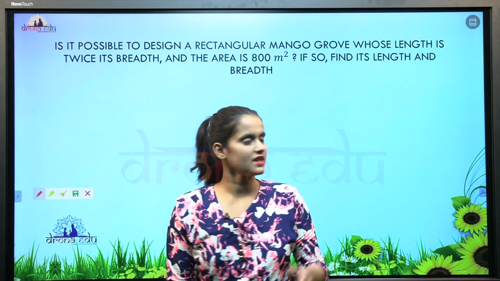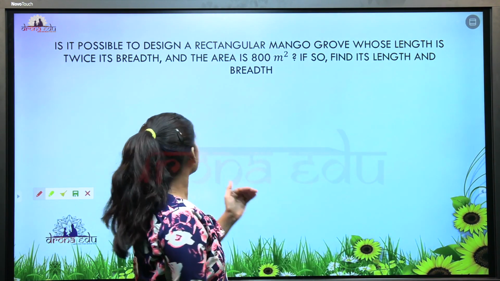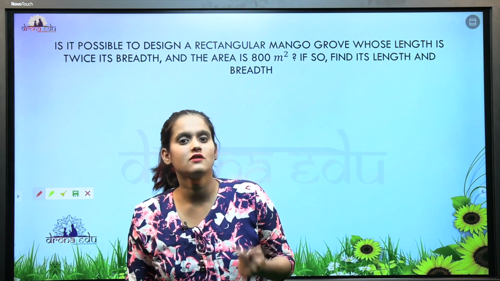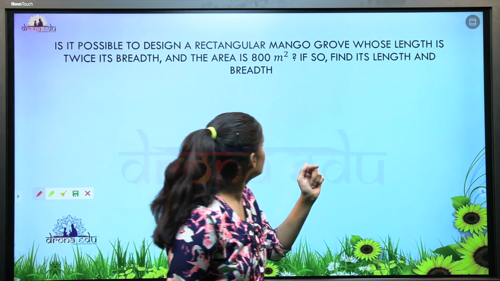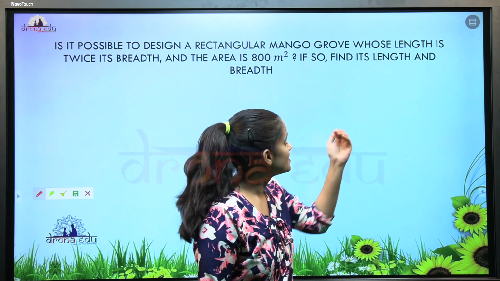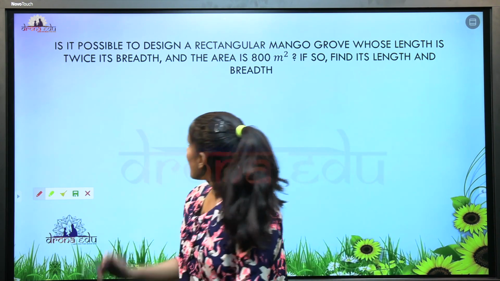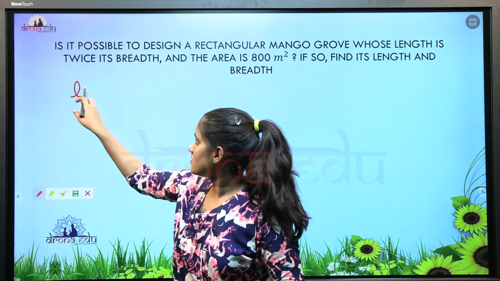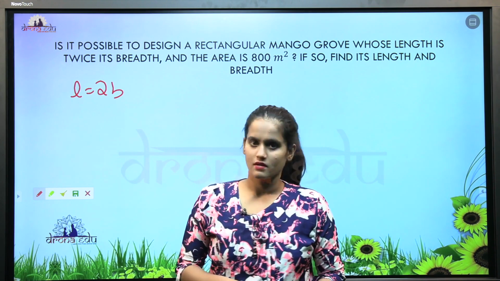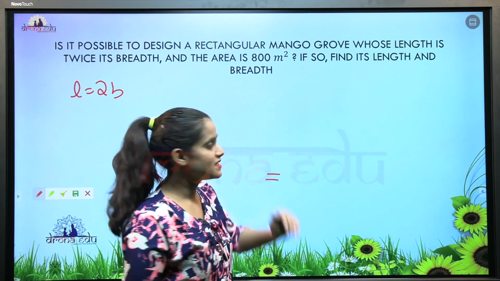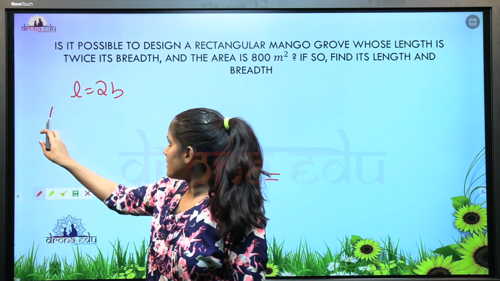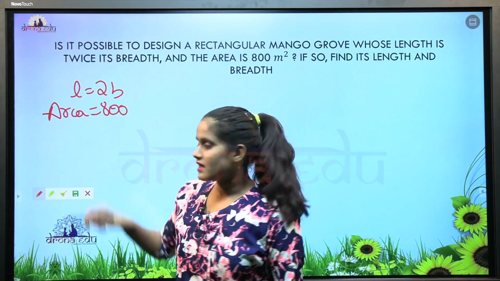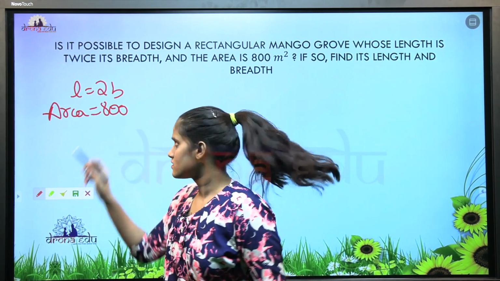The question states: is it possible to design a rectangular mango grove whose length is twice its breadth and whose area is 800 meters square?